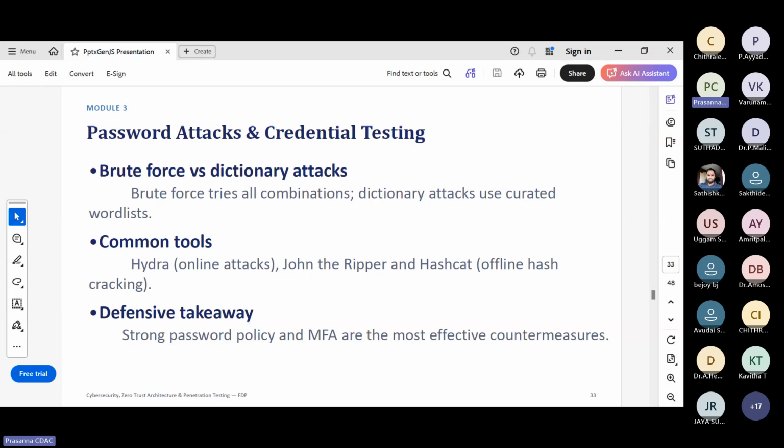What happens is it will try to find the combination, that is a brute force or dictionary attack, and try to find the administrator's password or any password it is able to find. So these are the tools, Hydra, John the Ripper, Hashcat. These tools will be able to decipher or decode the hashed password to a meaningful password, which he can enter and log in straight away instead of coming through a backdoor.